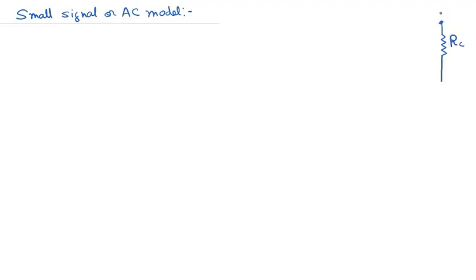So RC, VCC, and then this point is actually grounded. Okay, and we do it with the fixed biasing scheme.